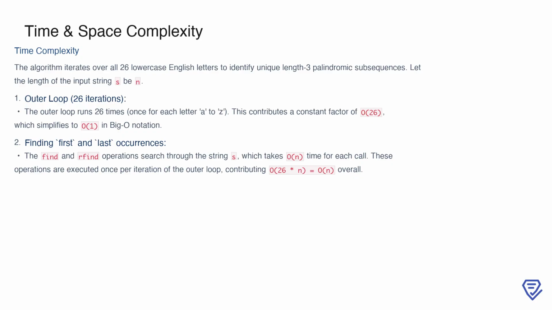Within each iteration of the loop, we use the find and rfind operations to locate the first and last occurrences of the current letter in the string s. These operations each take O(n) time, where n is the length of the string. Because find and rfind are called once per outer loop iteration, their combined contribution adds up to 26*n, or simply O(n) overall. This is the first major contributor to the algorithm's time complexity.